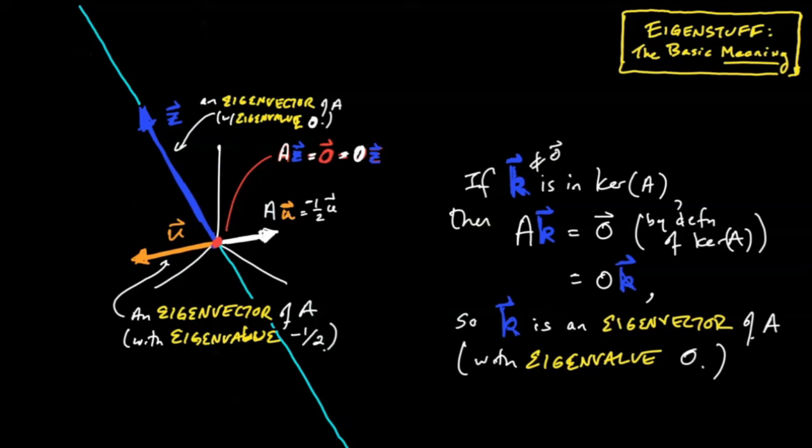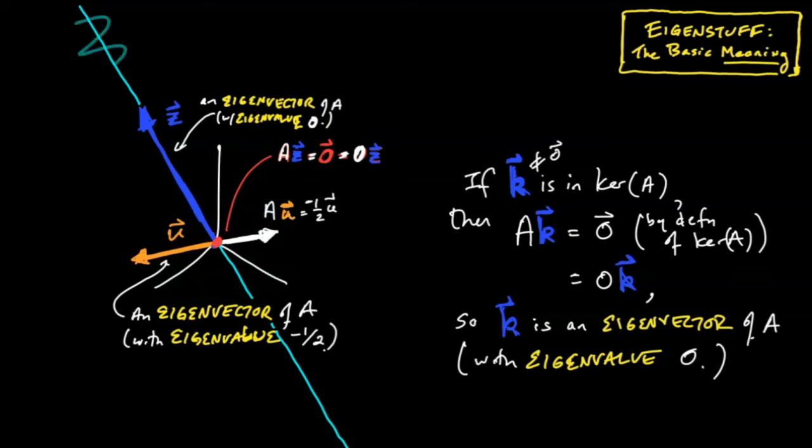But whatever it is, we know that every non-zero vector in the kernel is an eigenvector of A with eigenvalue 0. So the set of all those eigenvectors put together is almost a subspace of R3. The set of all eigenvectors with eigenvalue 0 falls short of being a subspace only because it does not have the origin, since we defined eigenvectors as non-zero vectors. I will explain why we did that shortly.